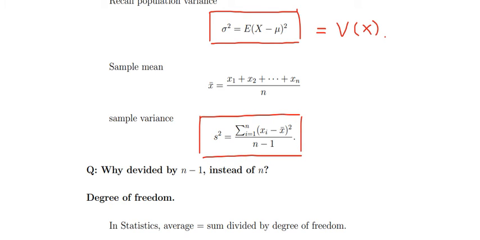According to the definition, this is an average, right? So just like x minus mu, we take xi minus x bar, square them, and the average is just dividing by n, right? But the formula is divided by n minus 1. So here we have the question: why divide by n minus 1 instead of n?